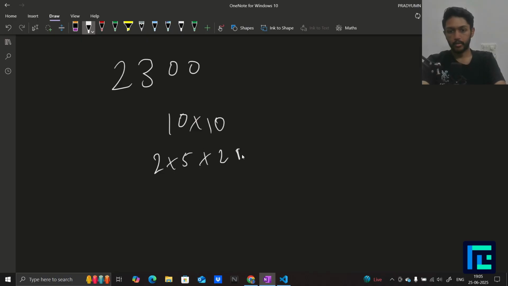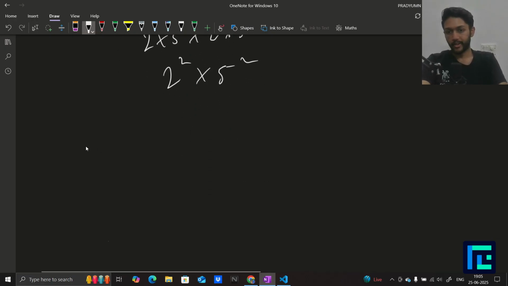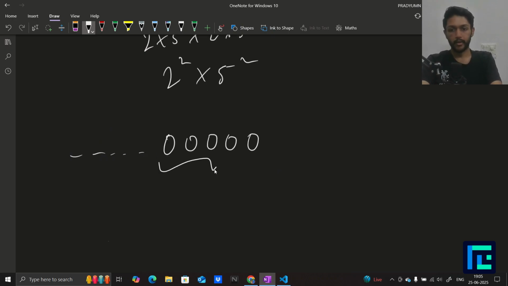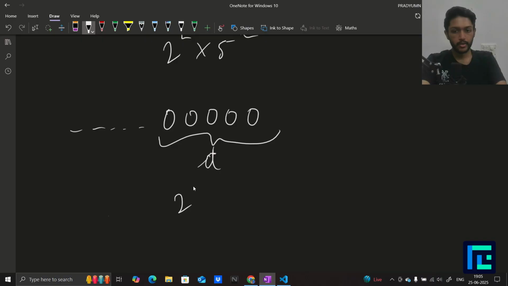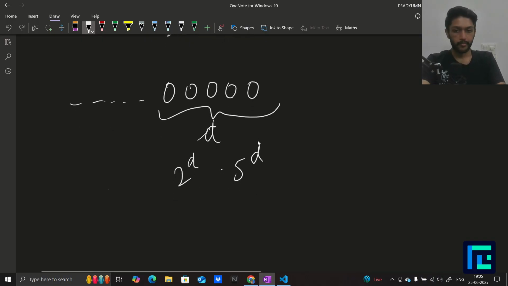So basically, if a number has two zeros at the end, then it has to have 2 to the power 2 and 5 to the power 2. Or in general, if a number has d trailing zeros, then it has to have at least 2 to the power d and 5 to the power d as its factor.